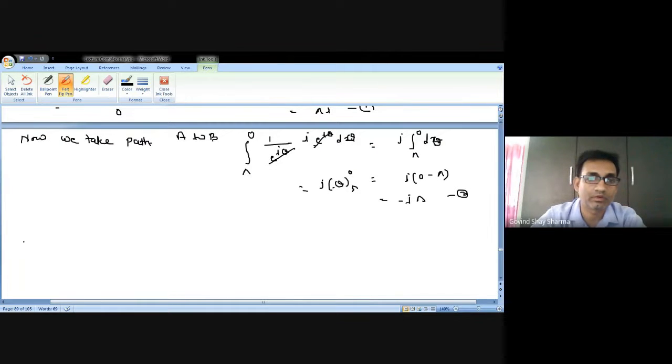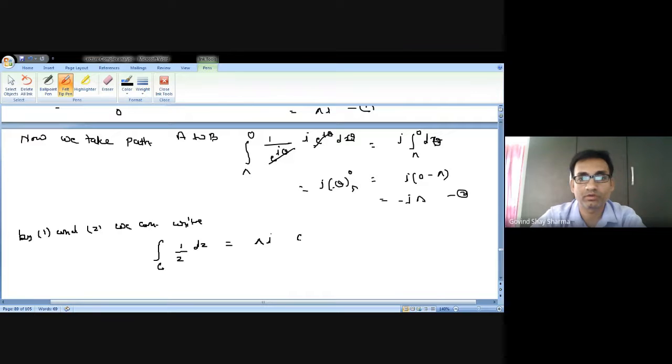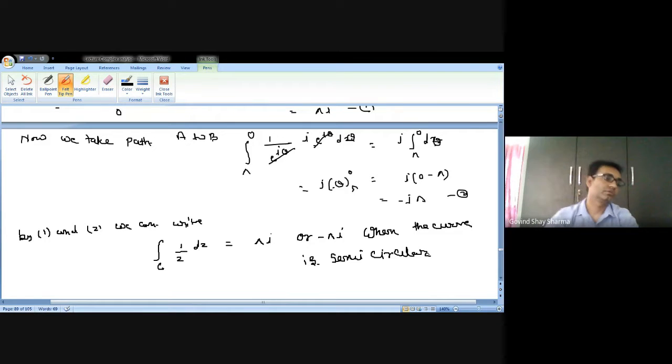By 1 and 2, we can write that the integral over C of 1 upon z dz is either plus iota pi or minus iota pi when the curve is a semicircle.